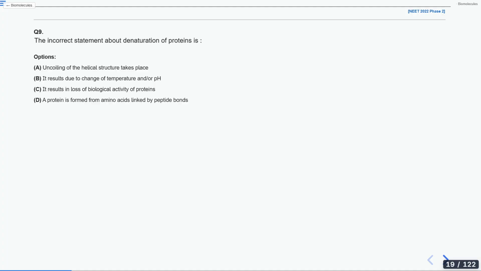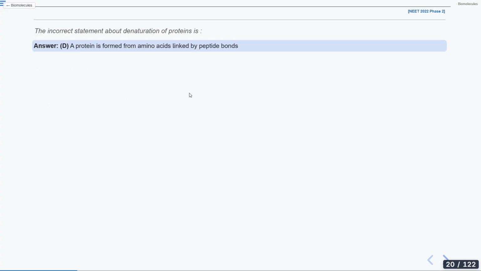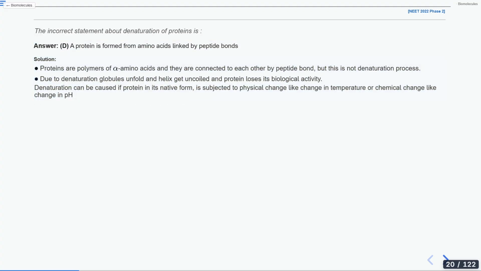Yes, this one is not correct. Okay, the D statement is not correct. It is not about the denaturation. So the correct answer to this question would be D. So remember this, your protein, they are a polymer of alpha amino acids and they are connected to each other by peptide bond, but it is not your denaturation process.